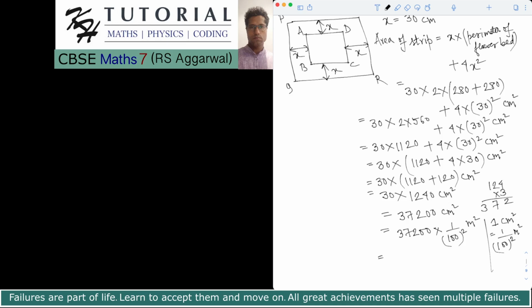So this 37200 centimeter square is equal to 37200 divided by 10000, this much meter square.